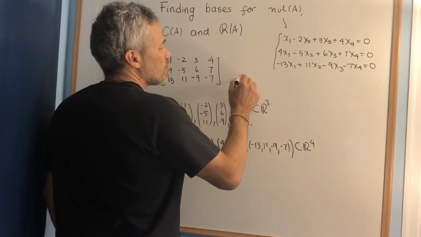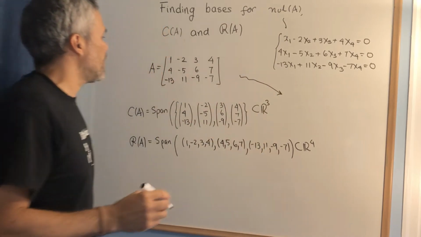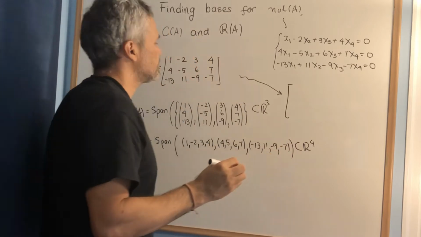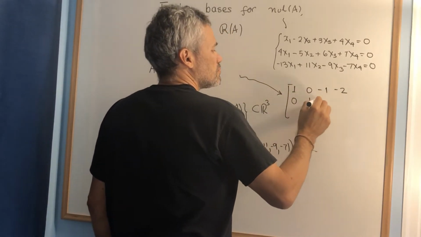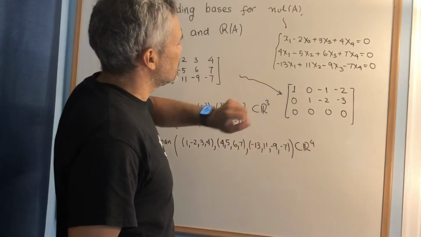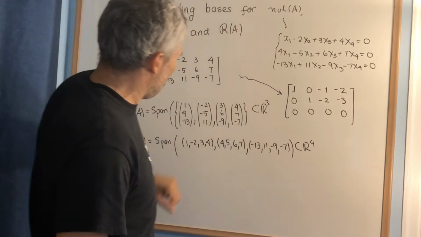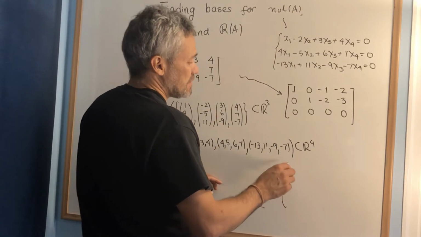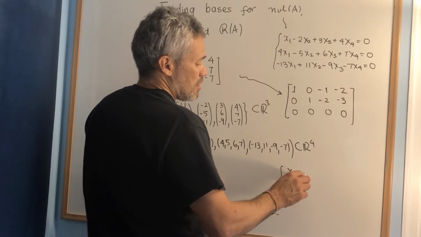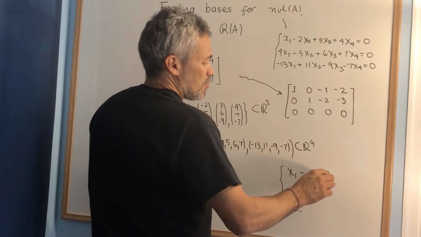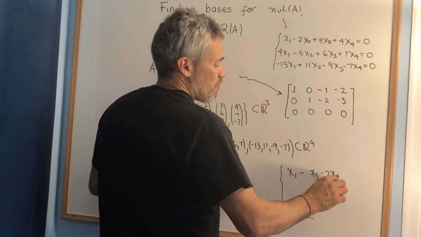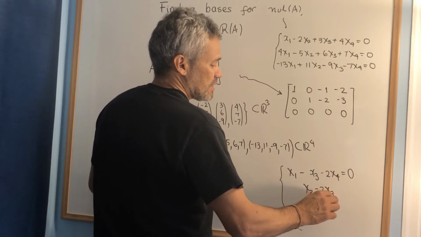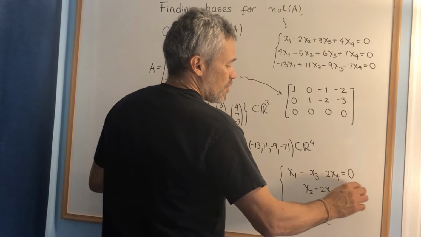We can do row reduction for this, and then we end up that this matrix is row equivalent to this matrix. Then, to solve this problem, we just need to know that this system is equivalent to this system: x1 minus x3 minus 2x4 equals 0, x2 minus 2x3 minus 3x4 equals 0.